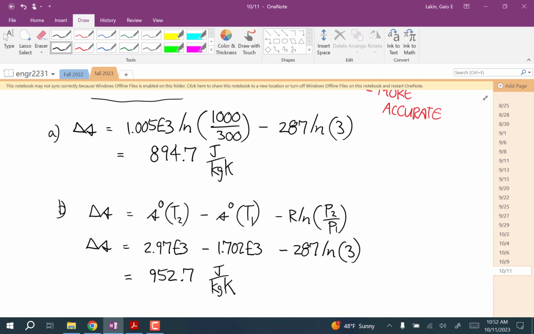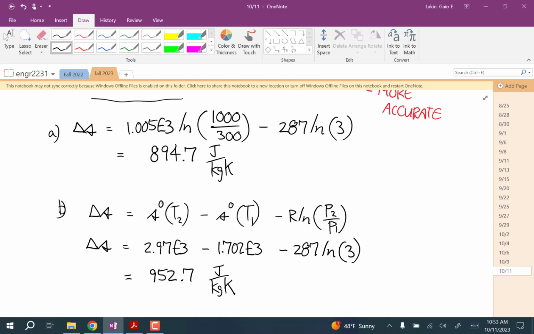The other way you know which one to use: if I give you a gas that you have the tables for, use the more accurate one, unless it's a very small temperature range. If I don't say what the type of gas is, then you don't have a table to use and you'll have to use the approximation.